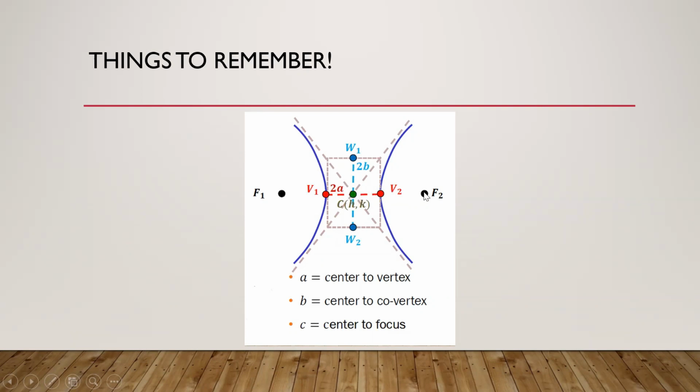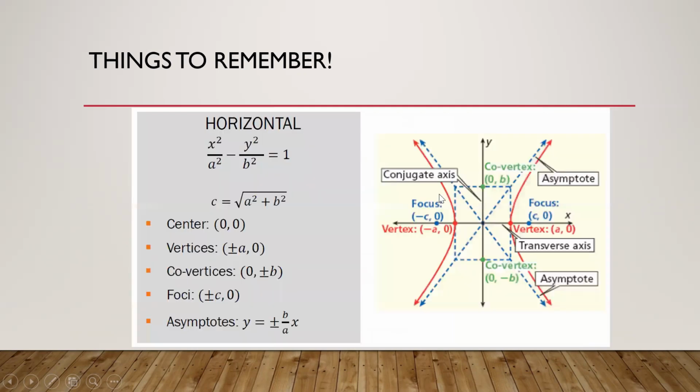Next, we have to remember when our transverse axis, or you can just call it the major axis if you want, is horizontal or vertical. It is horizontal when x squared comes first before y squared. Since for this equation x squared comes first, our transverse axis is horizontal.